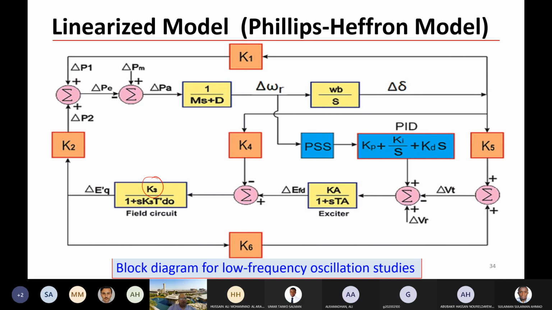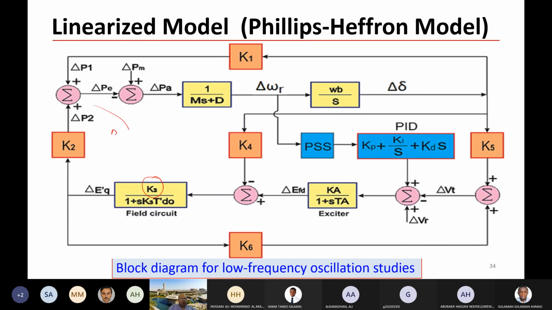And if you look deeply here, you can see that this is delta P mechanical, and this is delta P electrical. This delta P electrical is a summation of 2 components. K1 comes from delta delta, and K2 comes from delta EQ prime. And we will derive this, by the way.